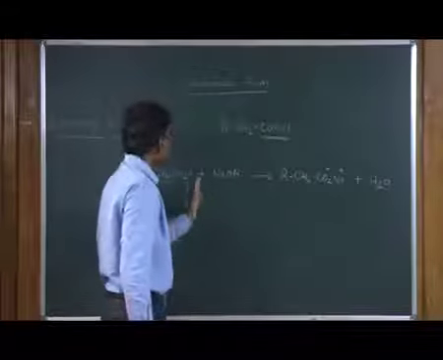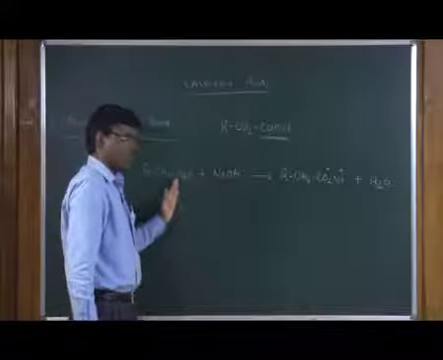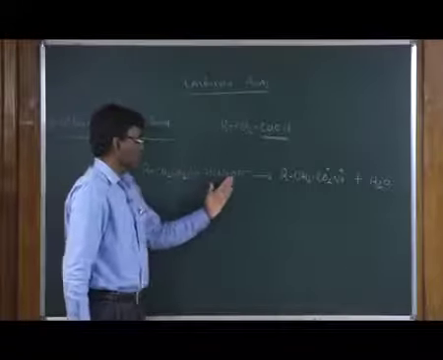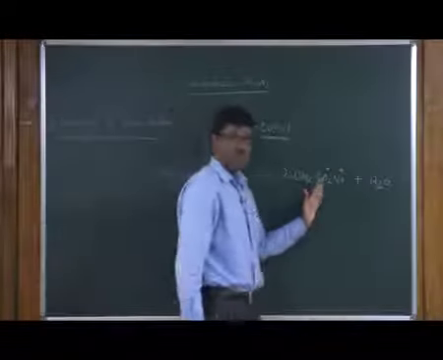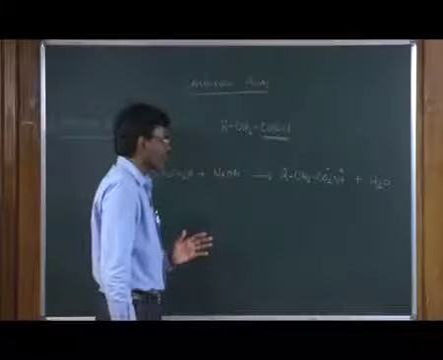So, this is a base, this is an acid. Due to the acidic nature of carboxylic acid, it can give the proton and form the salt, sodium carboxylate, where you generate water as a byproduct.